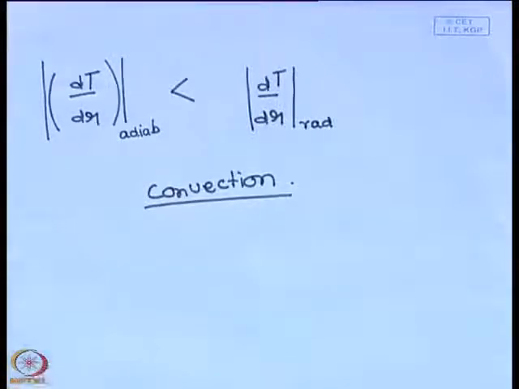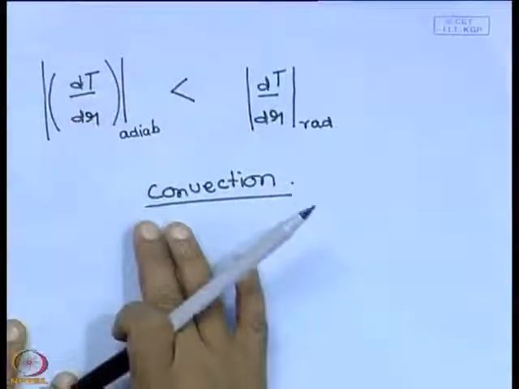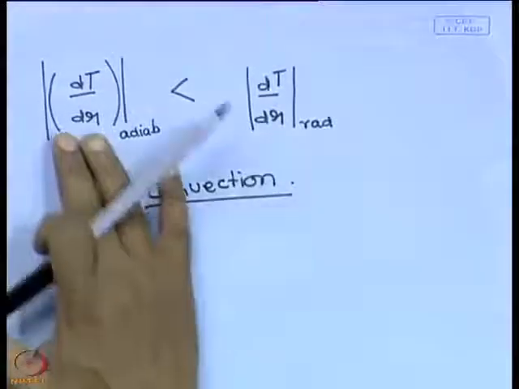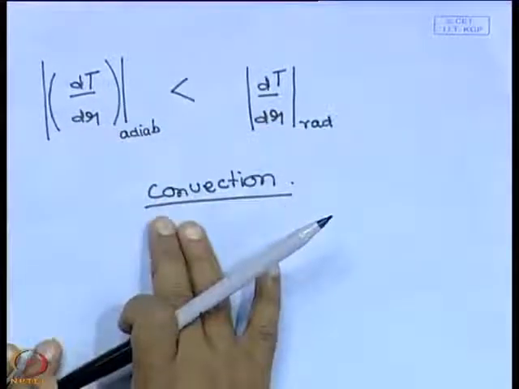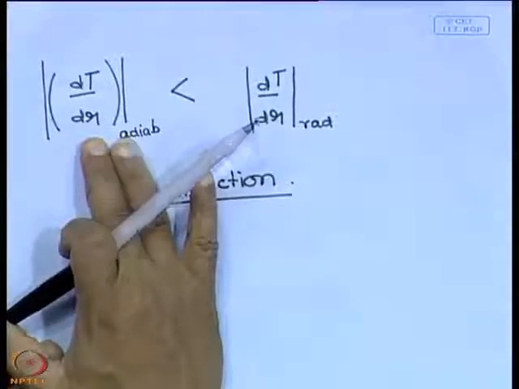Okay. Convection is a more efficient energy transport mechanism. And if convection sets in, then it wins, it takes over. Okay. Once this condition is satisfied, convection becomes the most dominant energy transport mechanism. Okay.